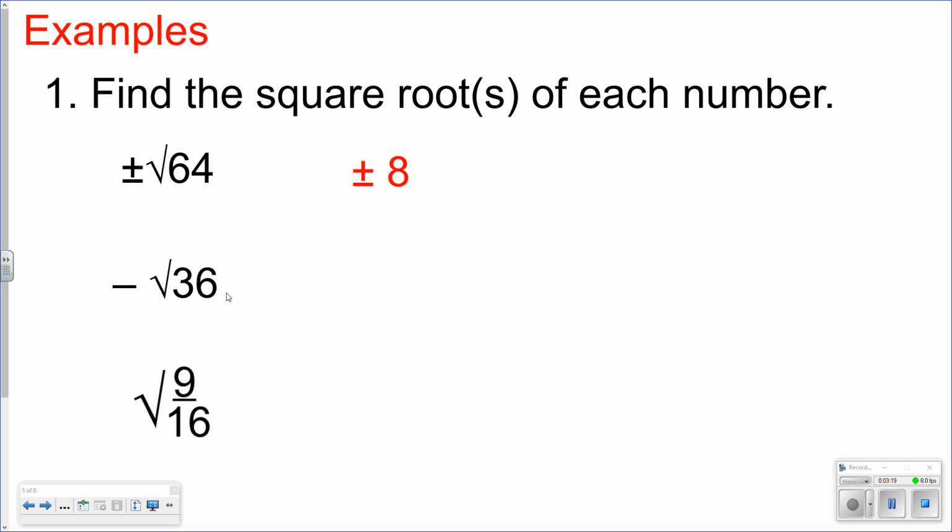The square root of 36 is 6, so negative 1 times 6 is negative 6. If it doesn't have the plus or minus out here, your answer doesn't have to have the plus or minus in it. So in this one, we take the square root of 9, which is 3, over the square root of 16, which is 4, and get our answer of 3/4.